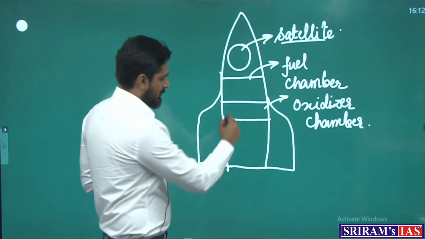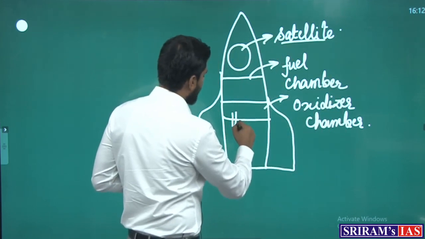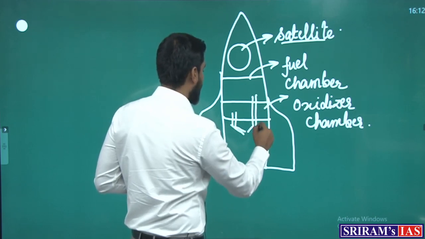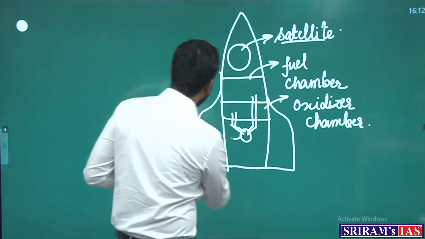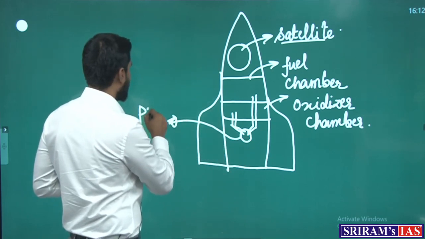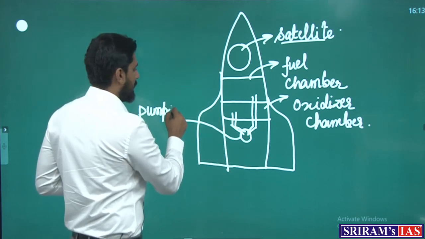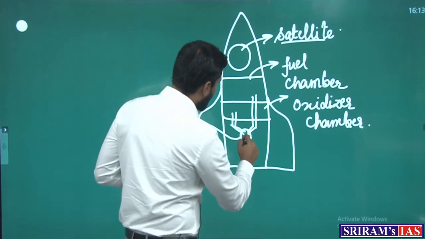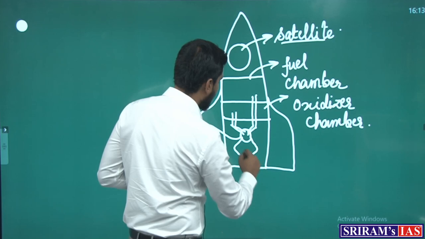Now through pipes we will bring in the fuel and the oxidizer using some pumps. Those pumps will help to bring the fuel and the oxidizer, and what we need to do is burn it in a combustion chamber.